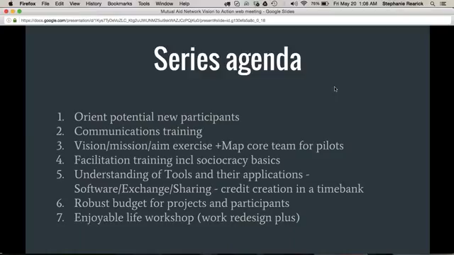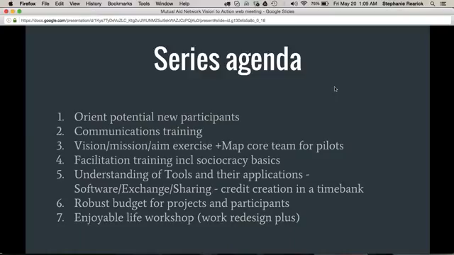Next week, it'll be facilitation and some basics in sociocracy, which is a form of governance that we have been experimenting with. Deeply inclusive and pretty forward-thinking governance.